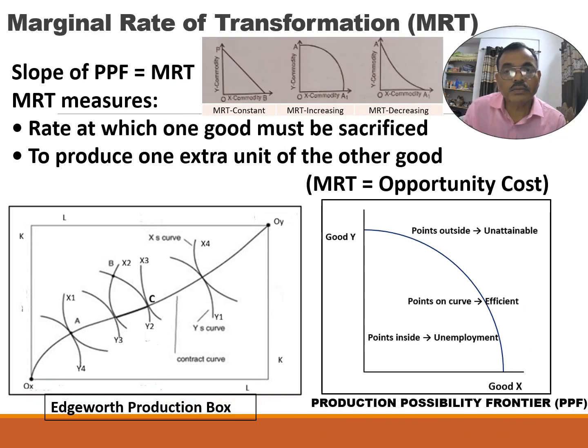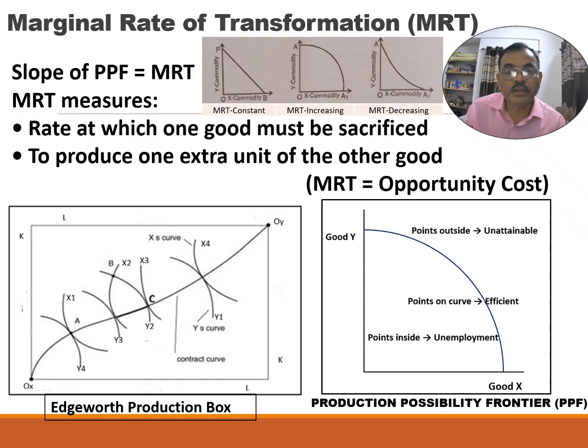Now, let us turn to the slope of the PPF. The slope of the PPF is called the marginal rate of transformation. The MRT, that is marginal rate of transformation, measures the rate at which one good must be sacrificed to produce one additional unit of the other good. In simple words, marginal rate of transformation is equal to the opportunity cost.